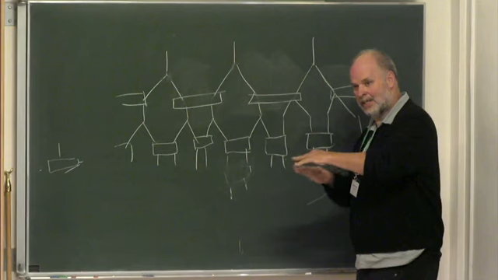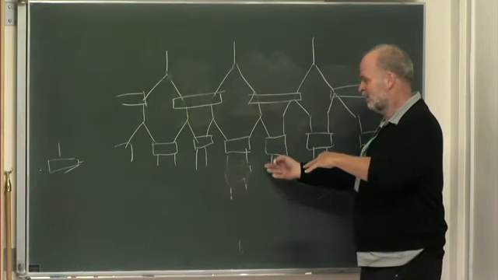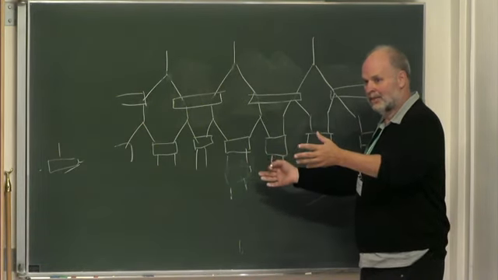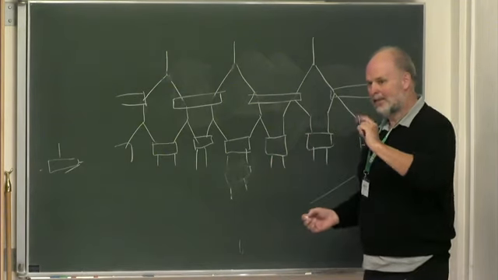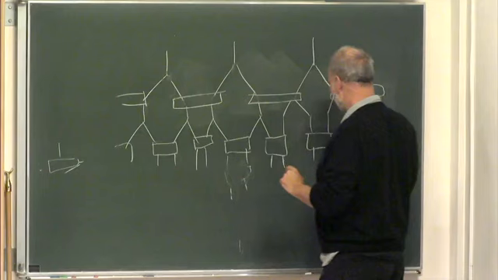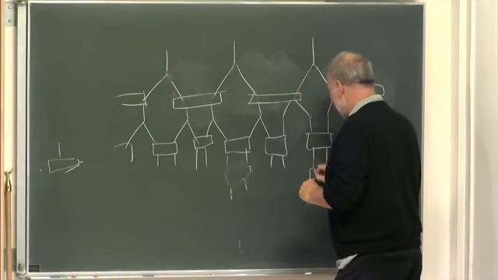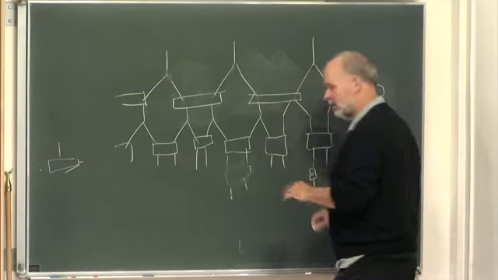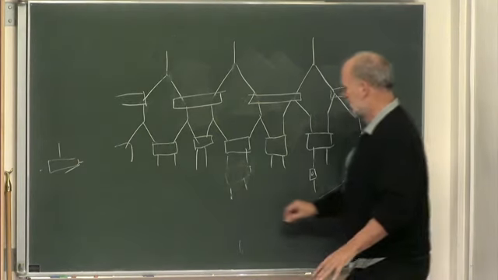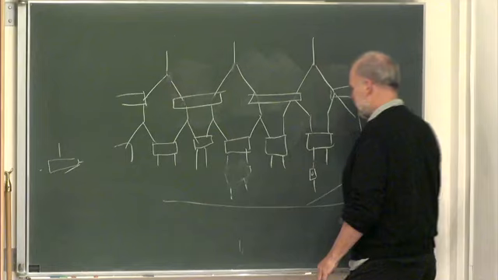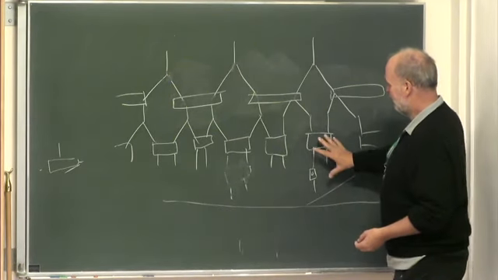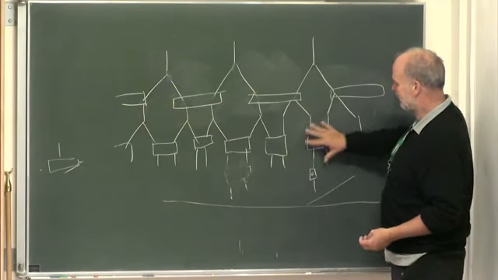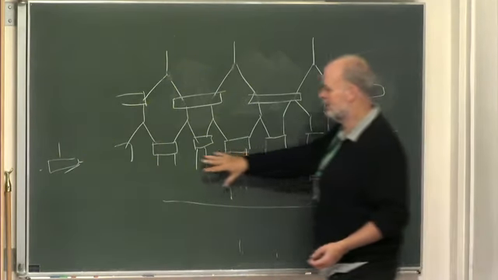You can't do that rotation calculation that I did, because unfortunately it doesn't work quite so nicely. But what you can do is take a local observable, so suppose you have an observable like that, observing one spin, and then you look at its expectation value. All that happens is little things here, and all the rest of the network actually cancels.